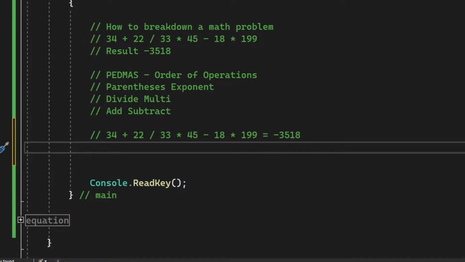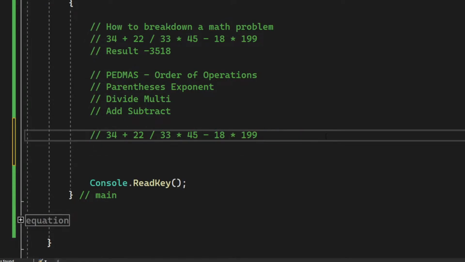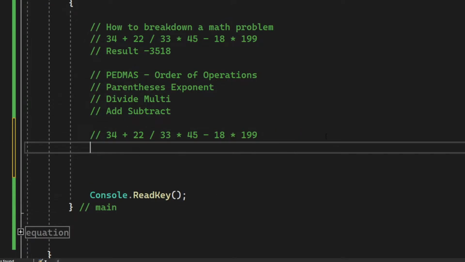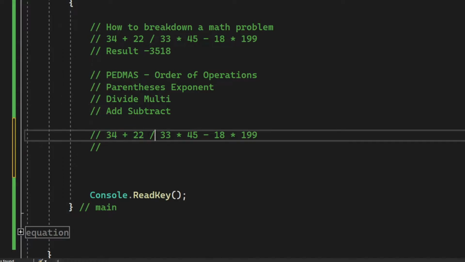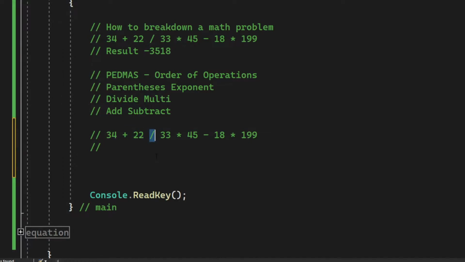So starting off, let's go ahead and clean this up. We want to make sure and follow this PEMDAS, this order of operations, and start by breaking down each equation into a two-number math operation. So let's start with the first operation. If we see 34 plus 22, then 22 divided by 33.